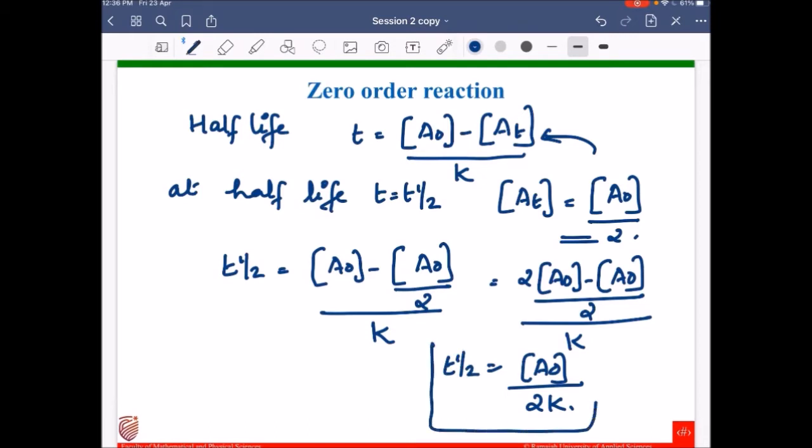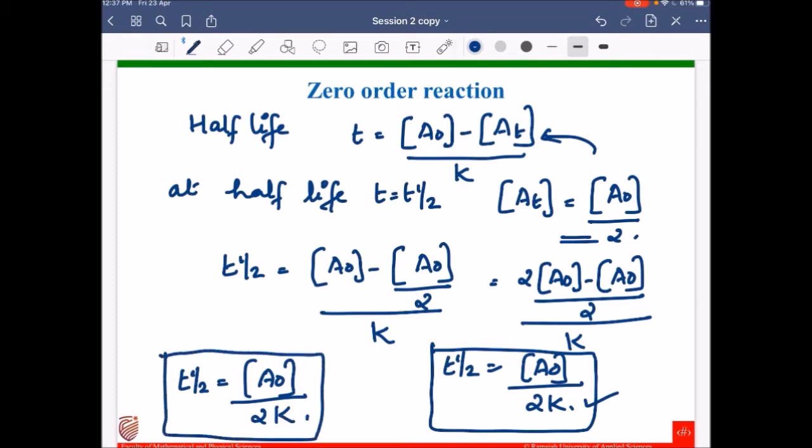So I can write the equation for half-life as t half equal to initial concentration of A divided by 2 into rate constant of that zero order reaction. So zero order reaction half-life equation is initial concentration divided by 2 into rate constant.